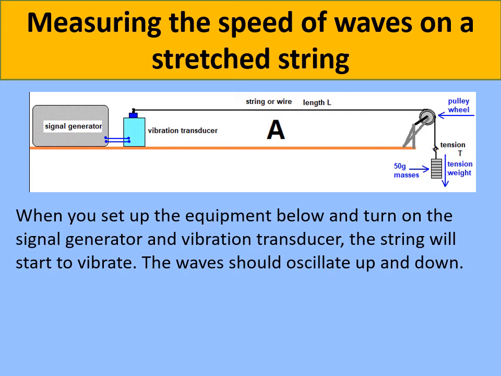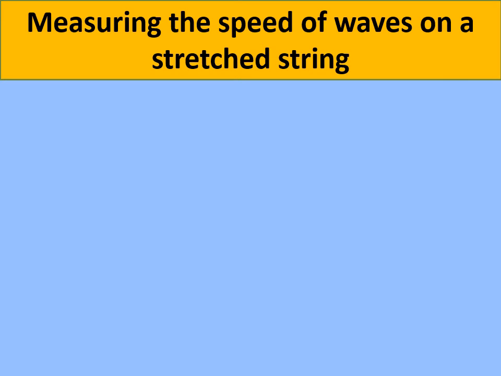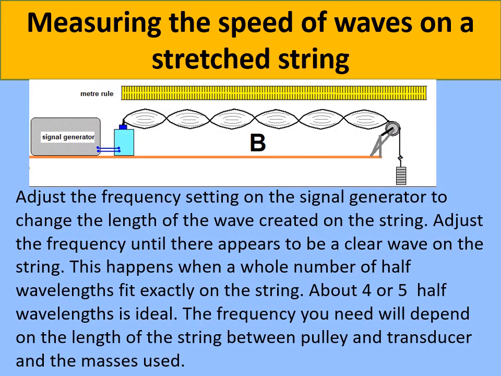You set up the equipment as shown there. Turn on the signal generator and vibration transducer, and the string will start to vibrate as shown in the next diagram. What you need to do is adjust the frequency setting on the signal generator to change the length of the wave created on the string.